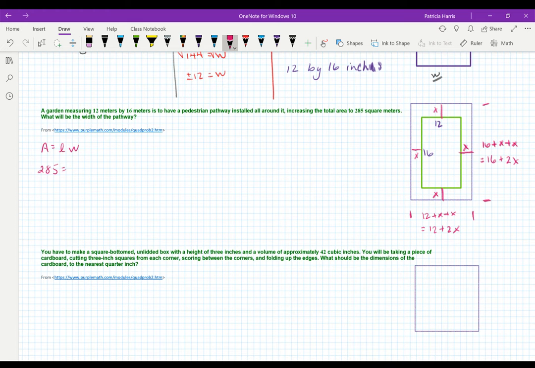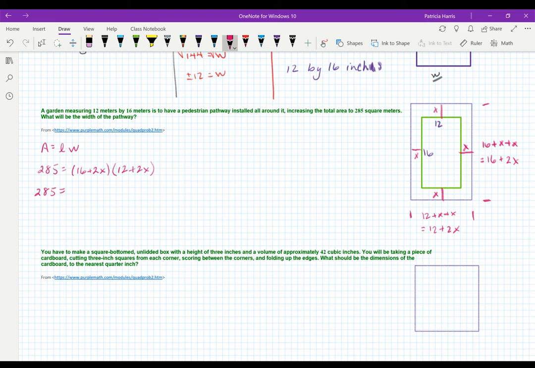Our new length is 16 plus 2x, excuse me. And then our new width is 12 plus 2x. Okay, now we're going to multiply that through to see what we get.